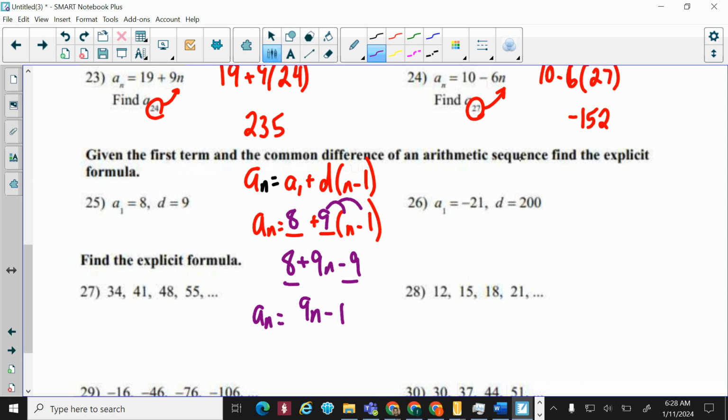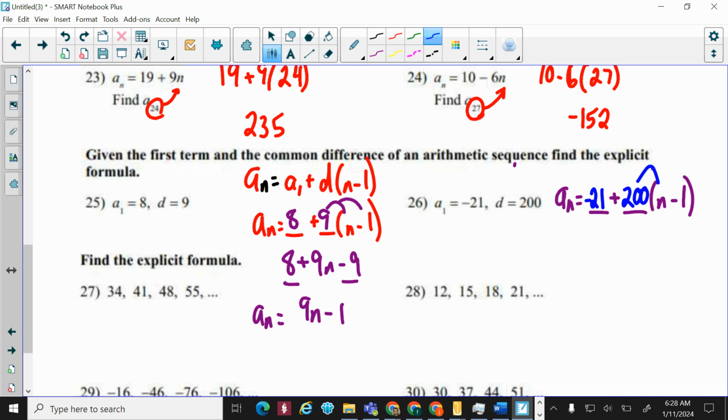All right? Same concept for question number 26. It's going to be a of n is equal to my first term plus my common difference times n minus 1. My common difference is given to you, that's 200. My first term is given to you, negative 21.